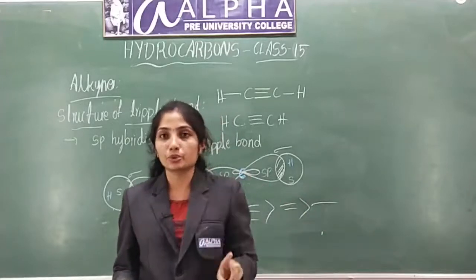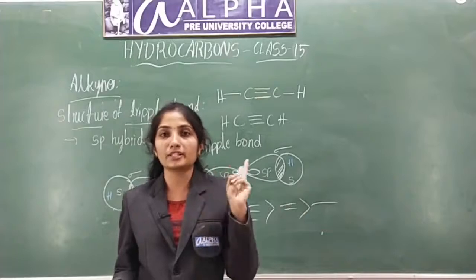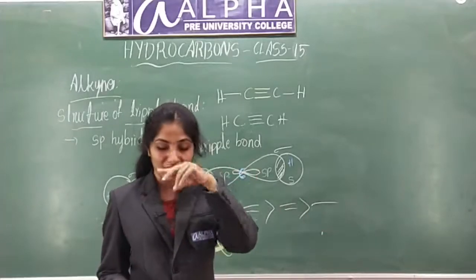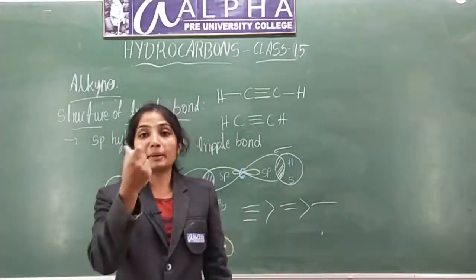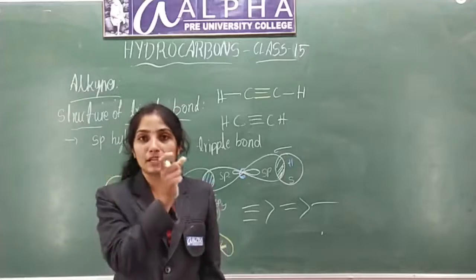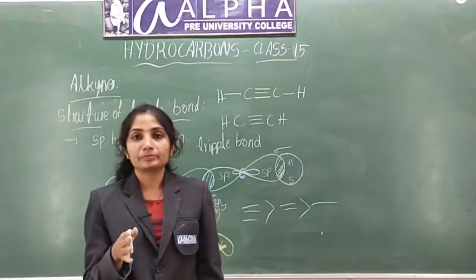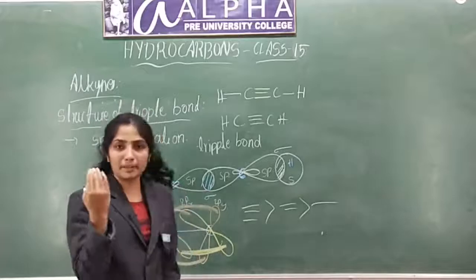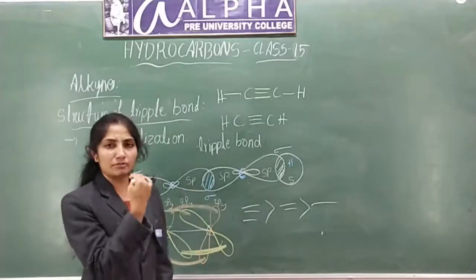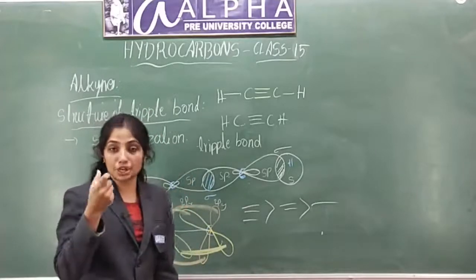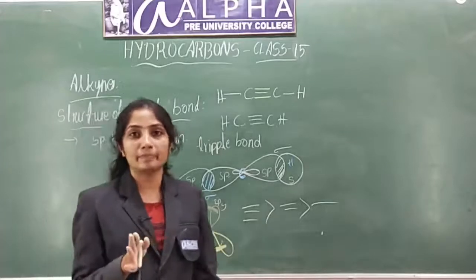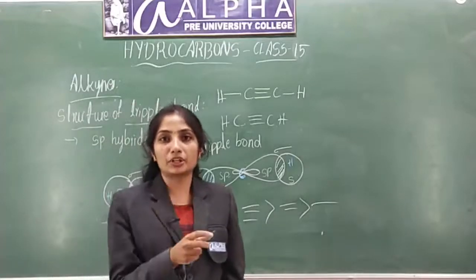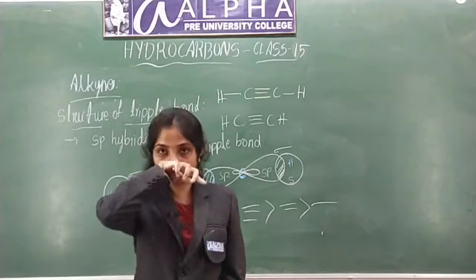It shows mainly two types of isomers, position isomers and chain isomers. In position isomers, the triple bond will be present at different positions. Chain isomers are those where some are straight chain and some contain branched chains, but their molecular formula is the same, with different chain lengths.